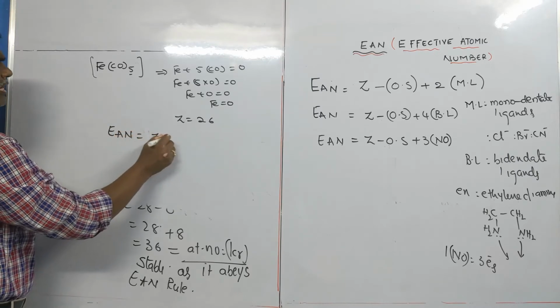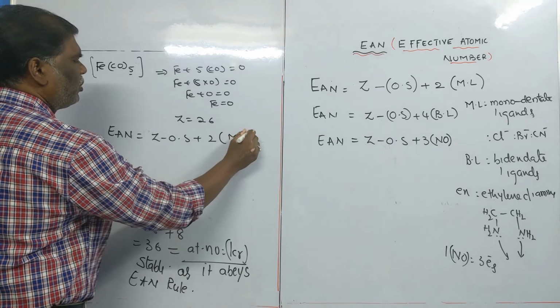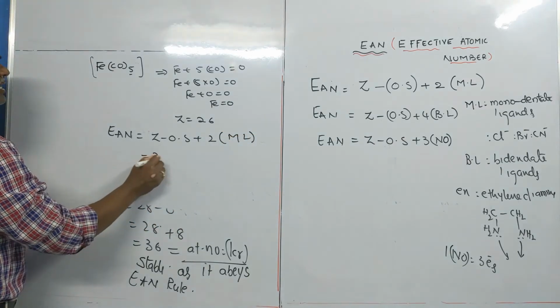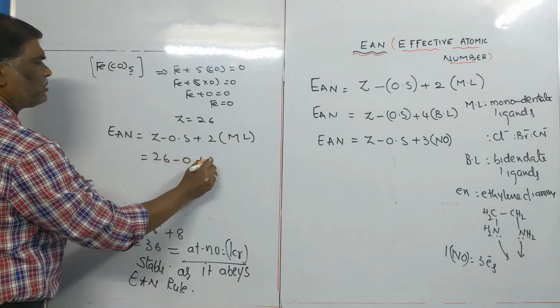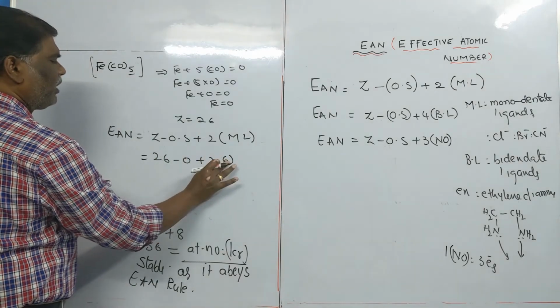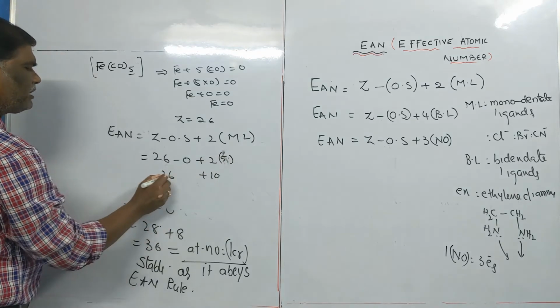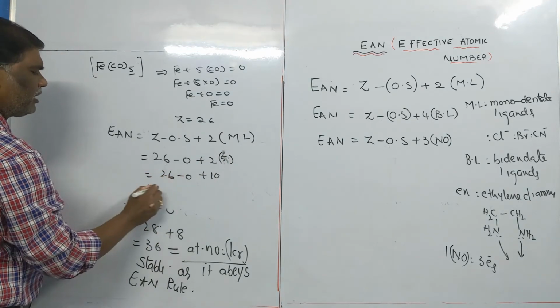EAN is equal to Z minus oxidation state plus 2 into the number of monodentate ligands. Z is 26 minus 0 plus 2 into 5 ligands. 5 2s are 10, so 26 plus 10, totally we are getting 36.